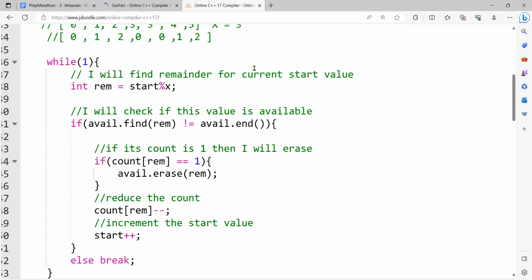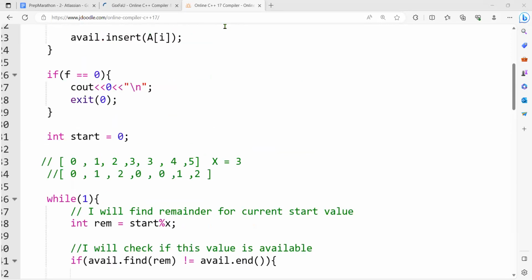Okay, Karthik understood. What about others? So are you guys trying or not? Okay, try in parallel. These are really, really good problems. Actual problems of online assessments.